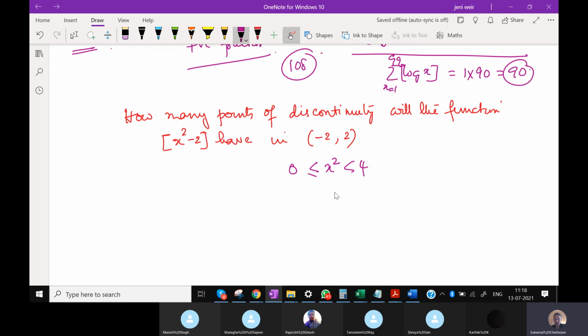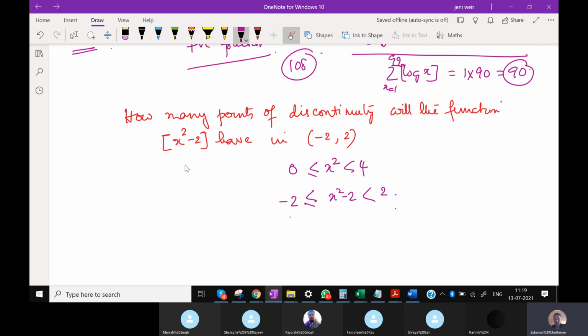So therefore, x square minus 2 has to lie between minus 2 and 4 minus 2, which is 2. So x square minus 2 has to lie between minus 2 and plus 2, right?